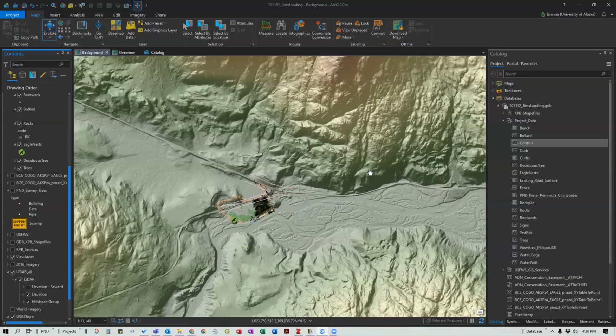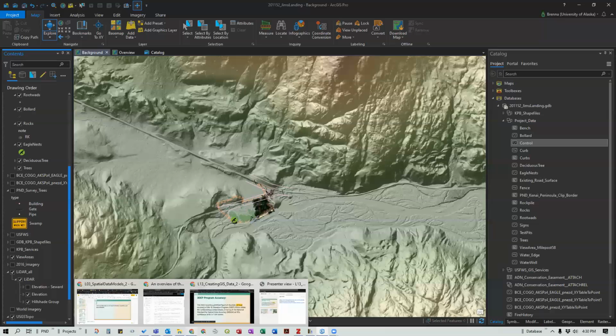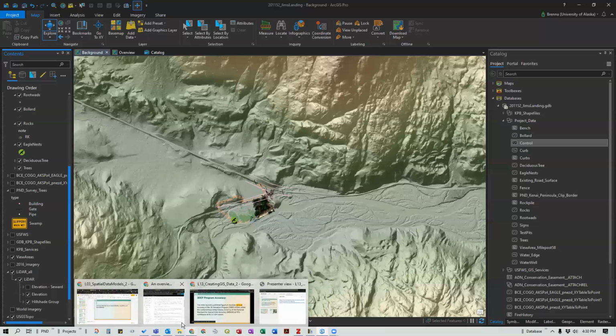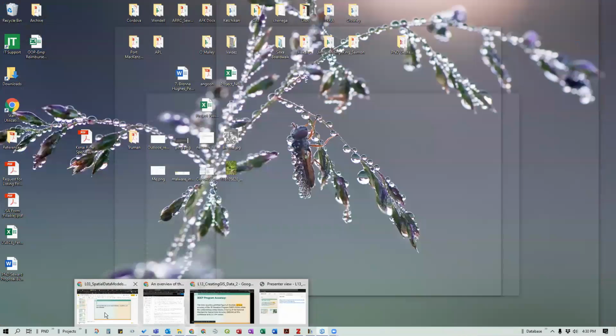So they know the accuracy that goes along with this data based on their comparison to the control that was placed for this project. So for the 3DEP system, there's no stated horizontal accuracy for this program because it varies substantially.